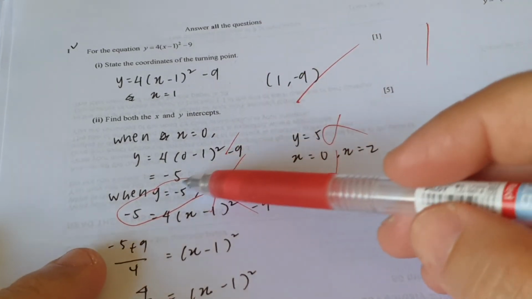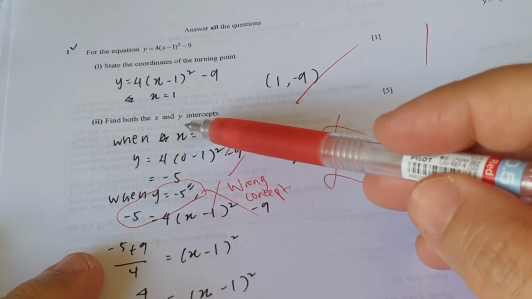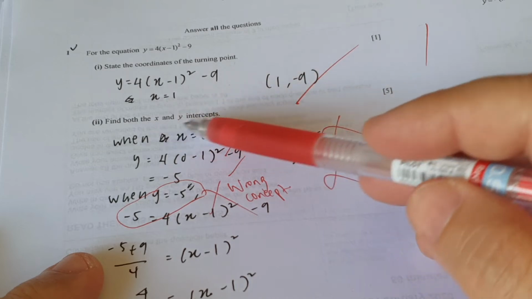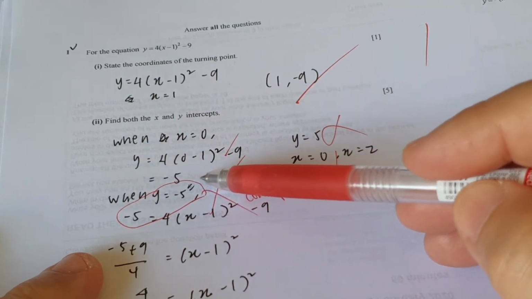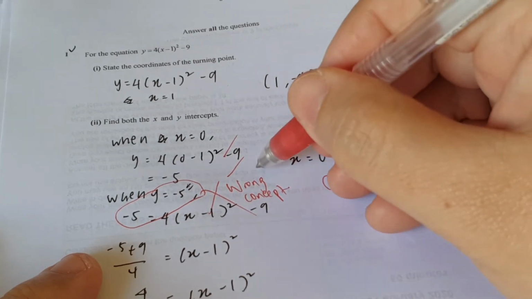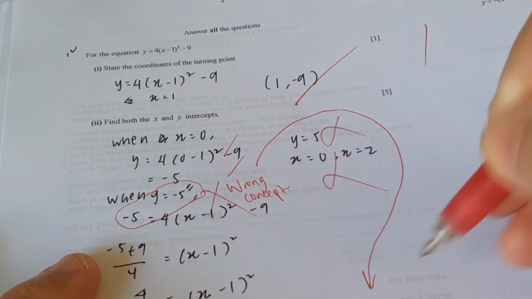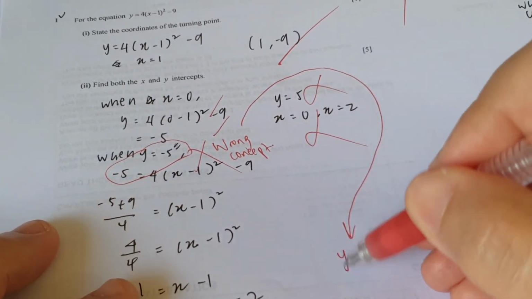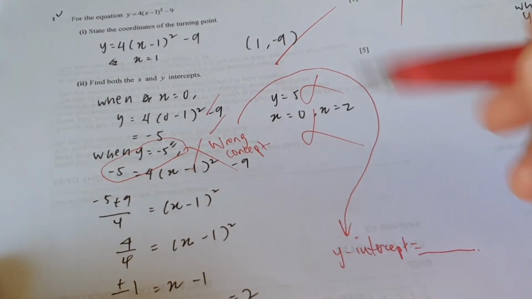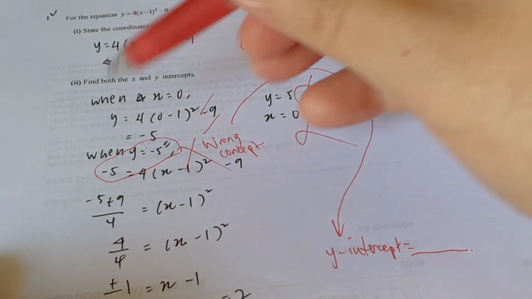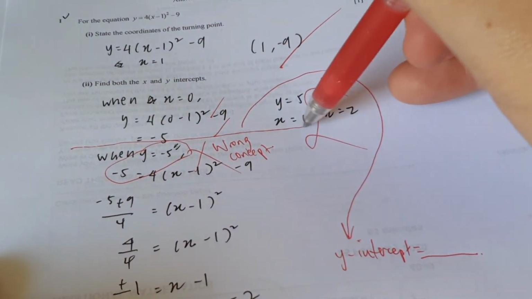Okay, this first part here, when x equals 0, then you get y equals to this one. Yes, this one is going to give you your y-intercept. You must state clearly what's the y-intercept. This second part here, you have the wrong concept.